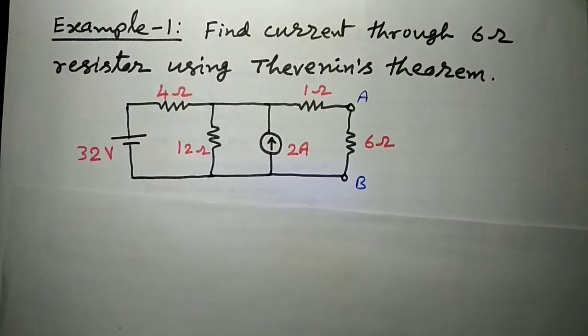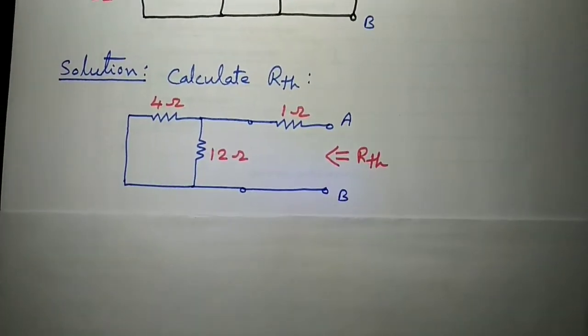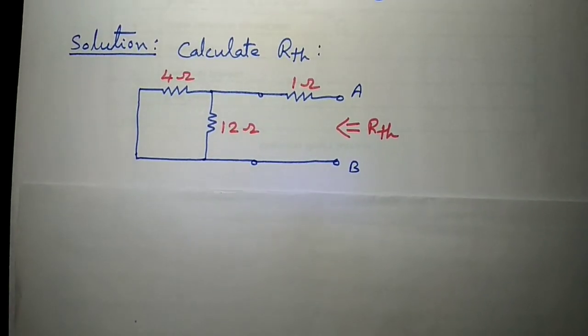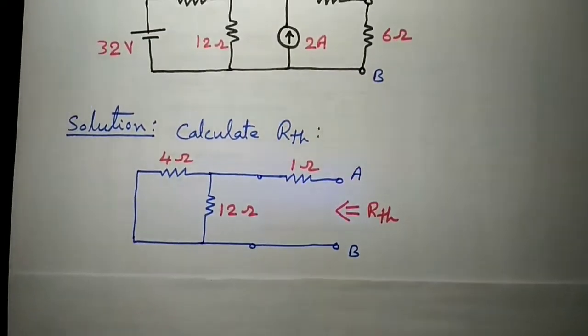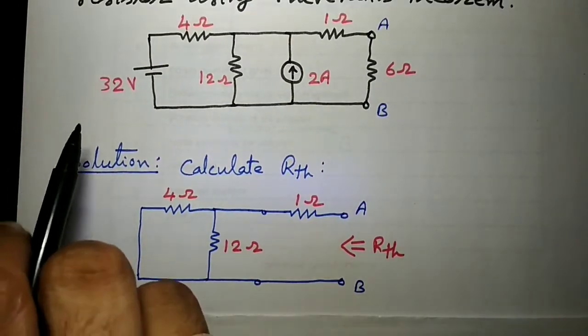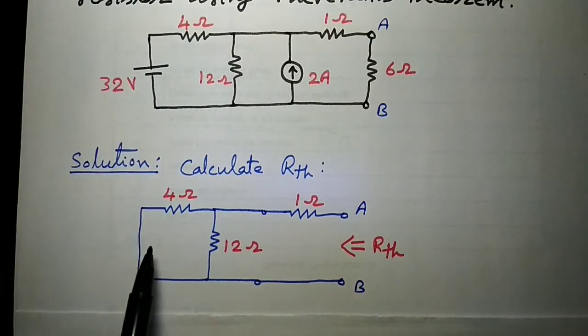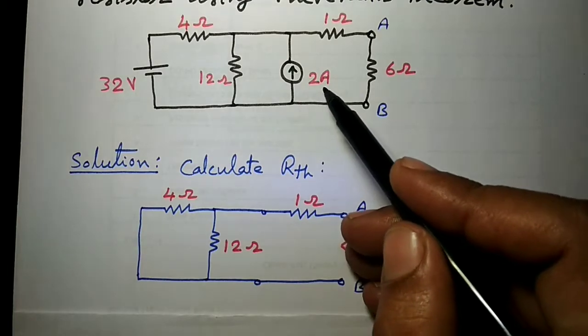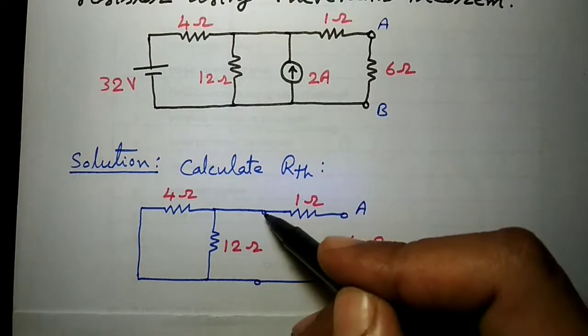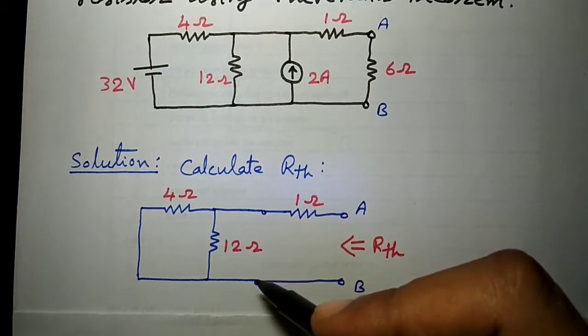So for RTH, the circuit will be converted to this part. Here the 32 volt source is shorted, so it is the shorted terminal, and the 2 ampere current source is opened, so here it is the open terminal.